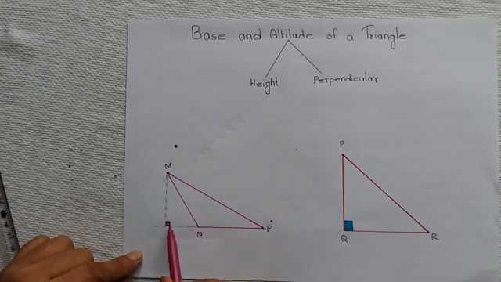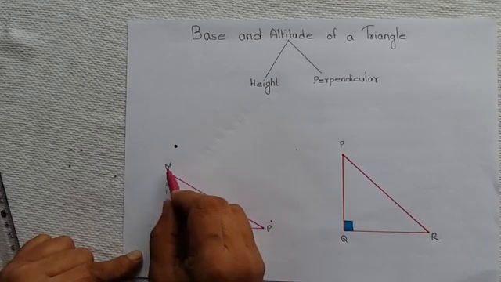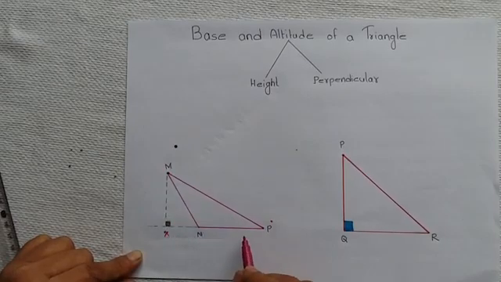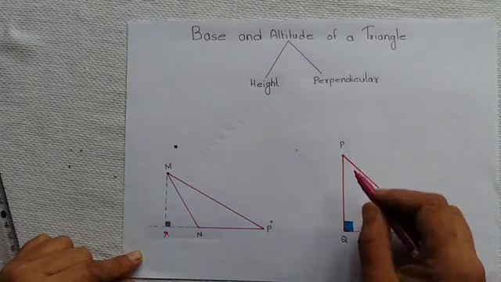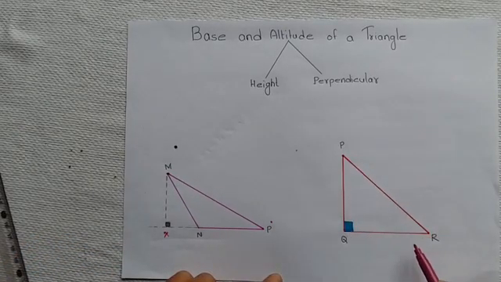Let me give it a name, MX. The side opposite to MX is NP, so NP will be taken as a base. And here we have a right angle triangle, and you know which is the perpendicular. I already showed it to you.